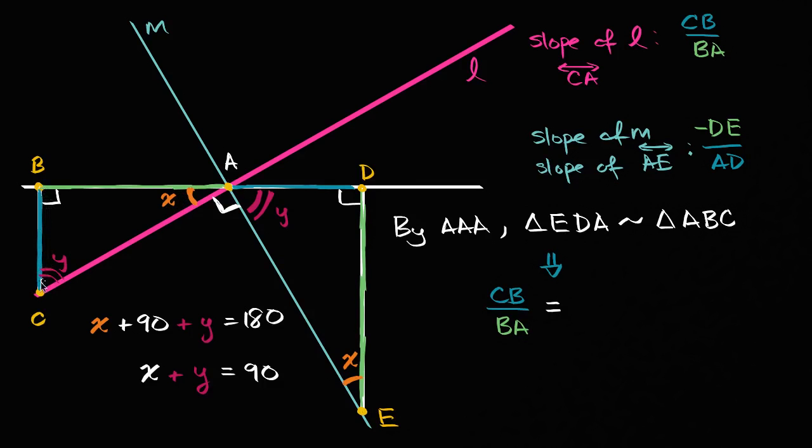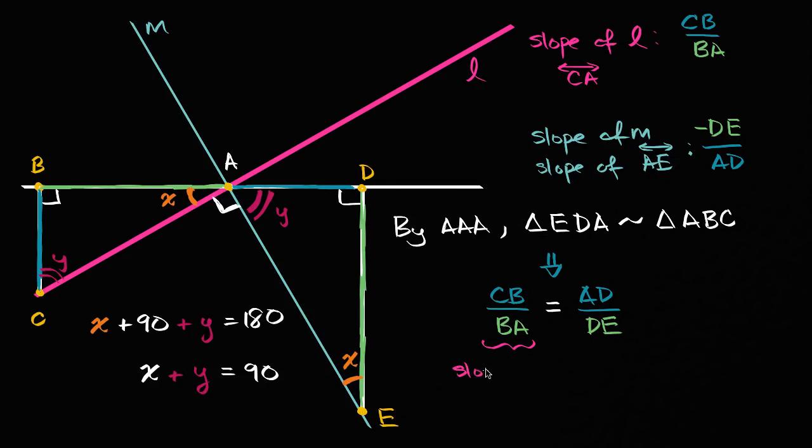So the corresponding side to CB is side AD. So that's going to be equal to AD over, what's the corresponding side to BA? Well, BA is opposite the y degree angle. So over here, the corresponding side is DE. AD over DE. And so this right over here, we saw from the beginning, this is the slope of L.